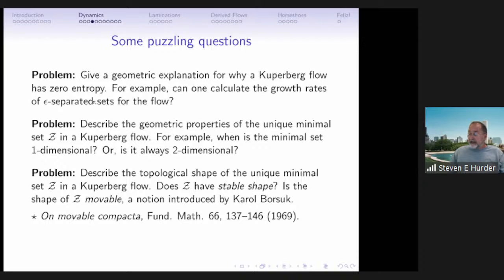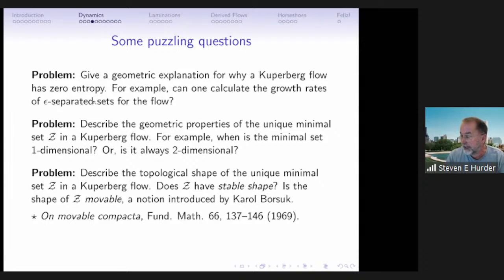And then as a further question, you can look at the topological shape of this minimal set. Yesterday we heard Christina talk about shape theory, and I'm not going to say too much more, but shape is this powerful invariant that, if you look at it in terms of certain types of flows, like Morse-Smale flows, very much corresponds, say, to the isolated blocks of Conley.